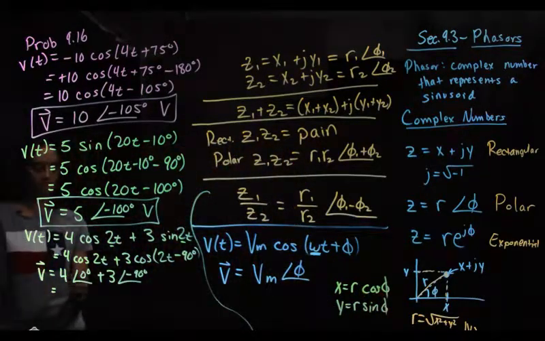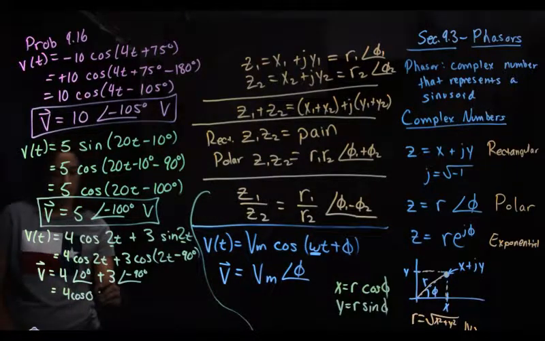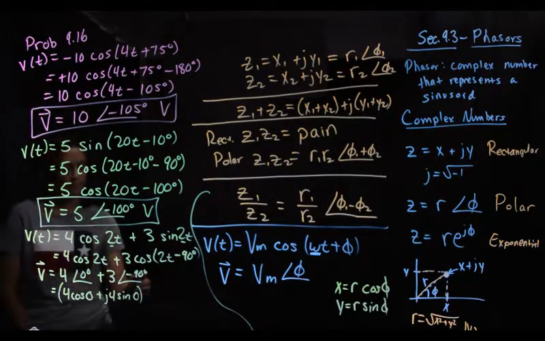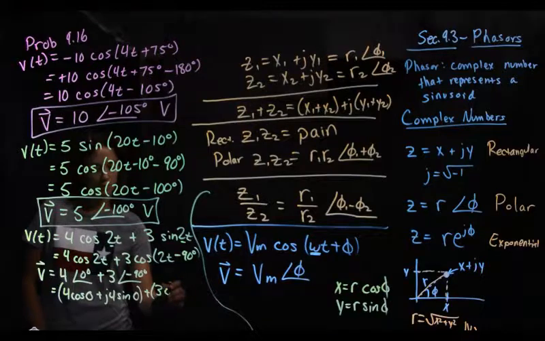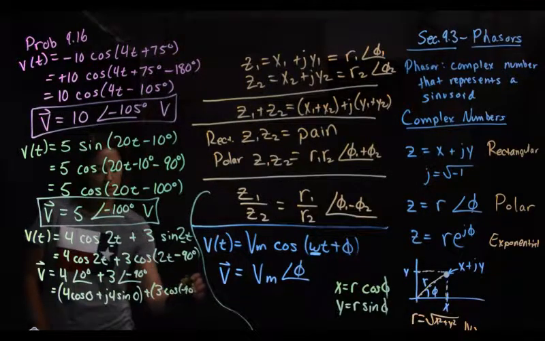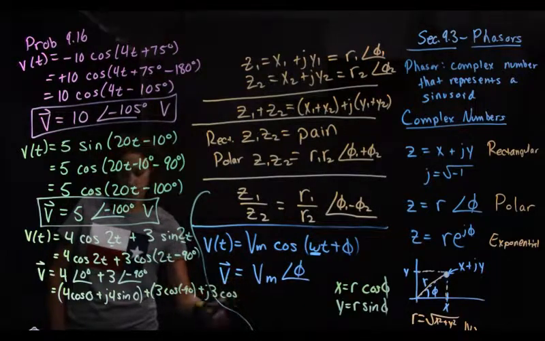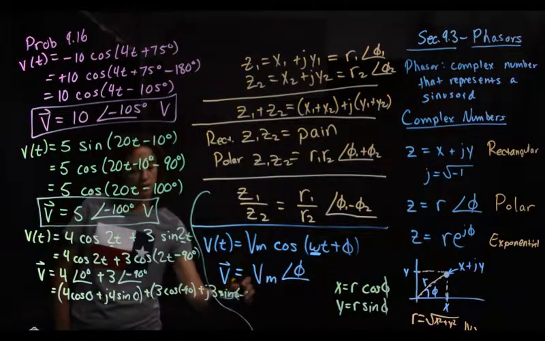So over here, I'm going to have 4 cosine 0 plus j 4 sine 0, the first term, plus 3, this is my x, so 3 cosine minus 90, plus j3 sine minus 90.